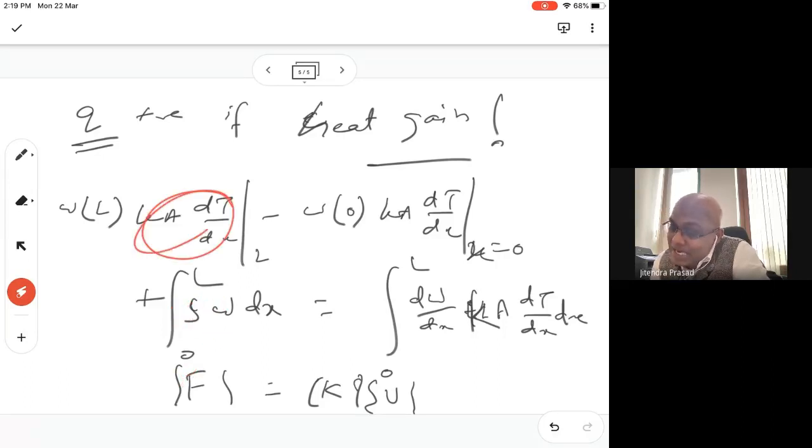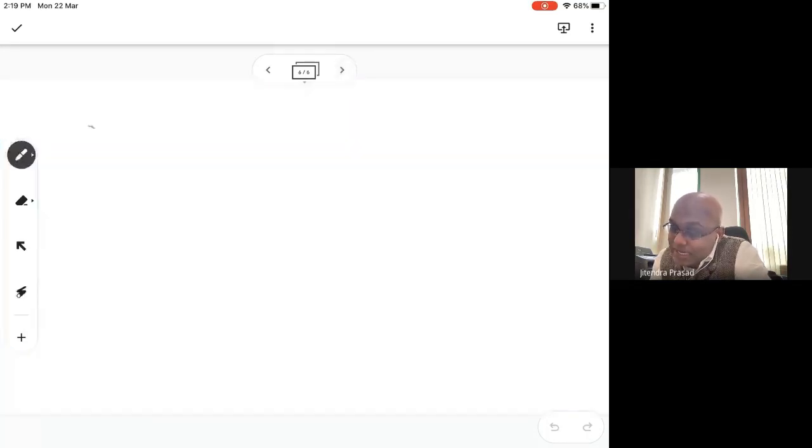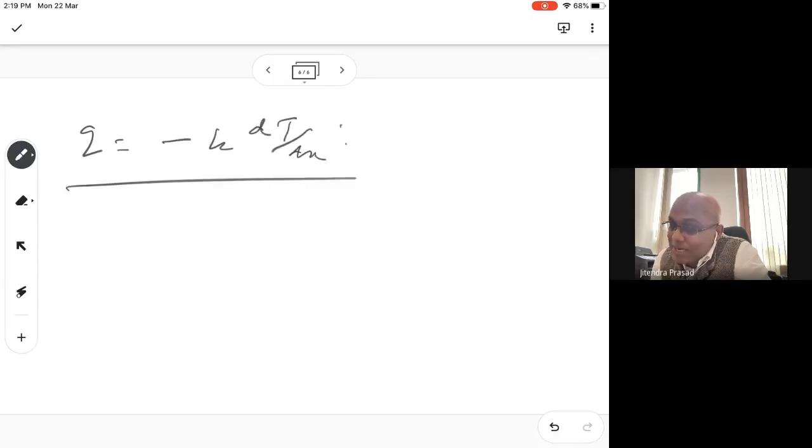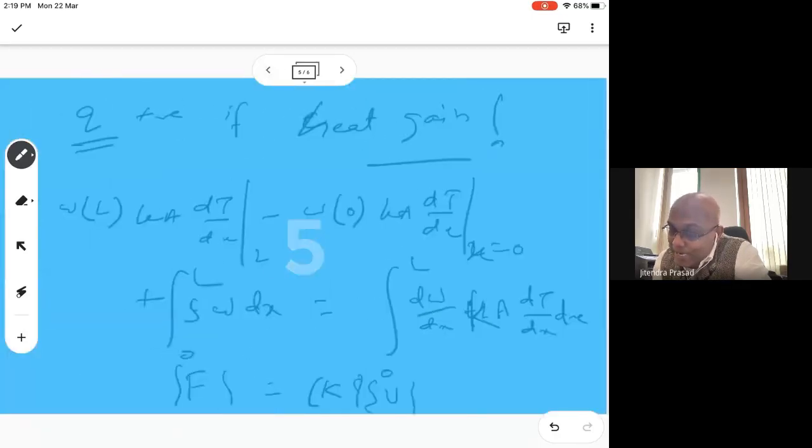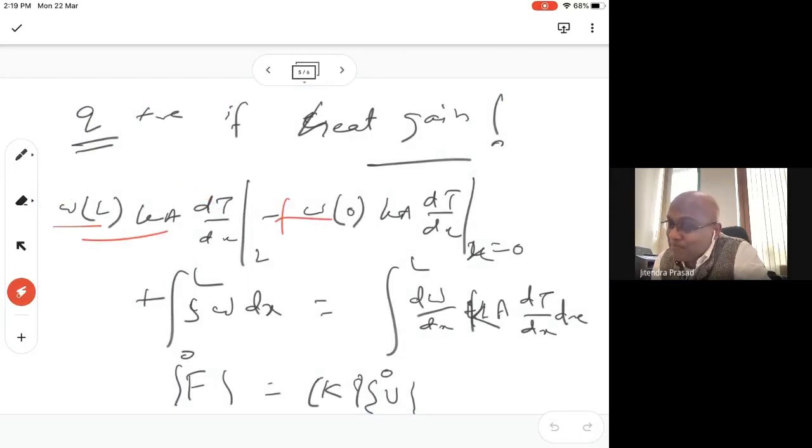Here at the right hand side, this will be negative because this is leaving. Why? Because you know that Q equal to minus K dt over dx, so this becomes minus, this becomes plus rather.